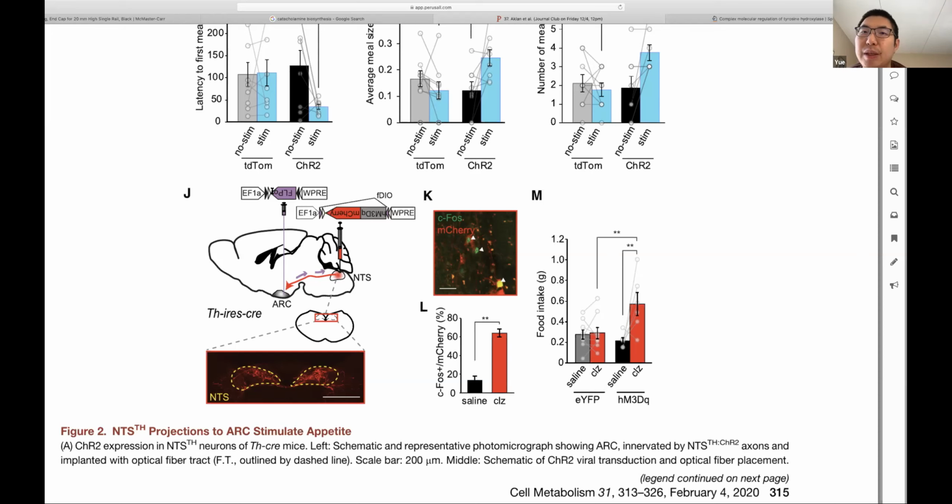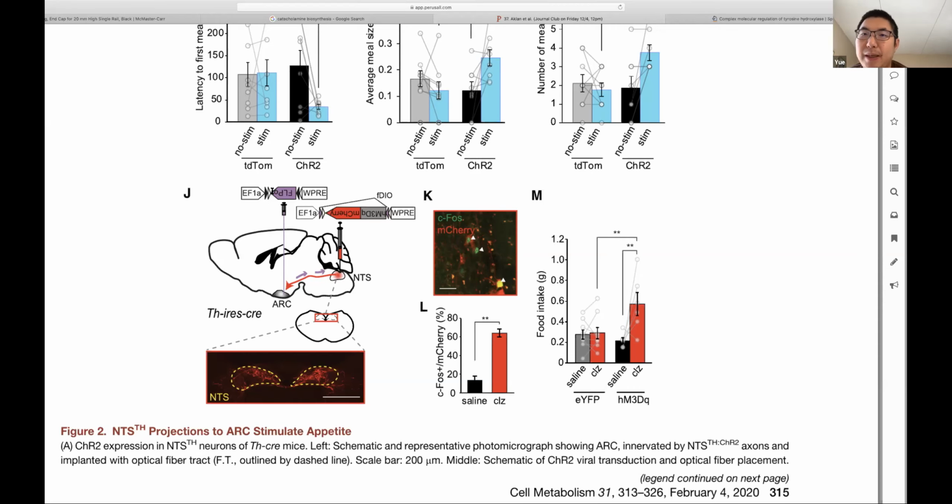But you need to activate it, you need to flip it with Cre. And then when that's active, it goes back to NTS. It flips with the Flp, the DIO, the Dq, and then it goes back to ARC. So you do need the two different systems to work.